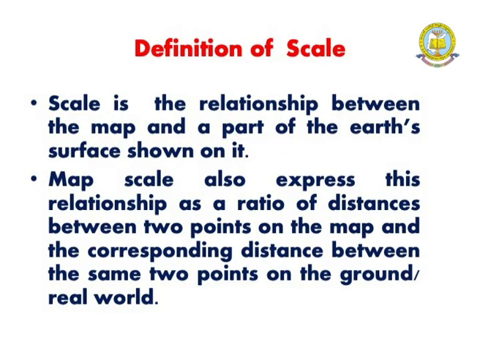By definition, map scale is a ratio between the distance measured between two points on a map and the distance measured between the same two points on the ground. We can call it a map scale.